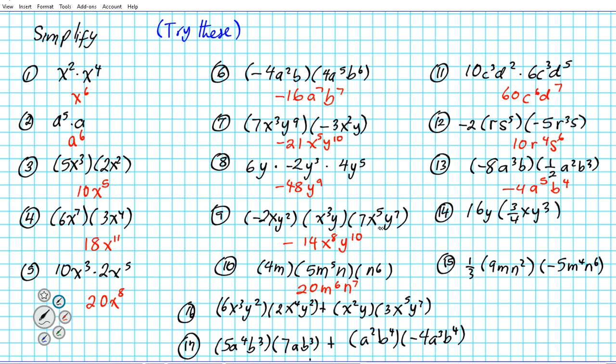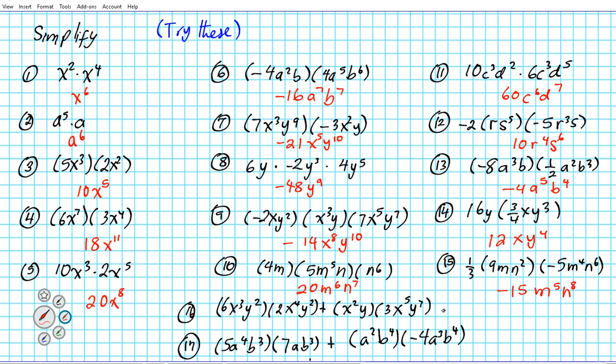All right, and then for number 14, our answer is 12x y to the 4th power. Number 15 is -15 m to the 5th power, n to the 8th power.